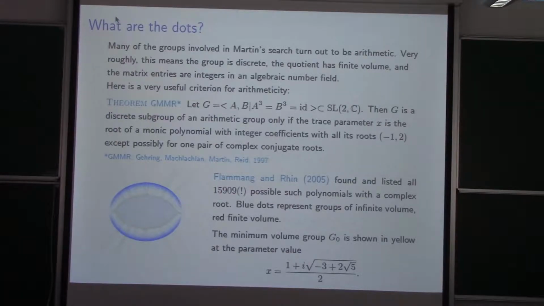So Yasushi coloured the infinite volume ones blue, the ones sort of overlapping in the pleating ray region, and the ones that are inside this grey bit, he coloured them red. And it turns out that the minimum volume one that was discovered happens at this particular parameter value, which is, you can see, an algebraic number field.